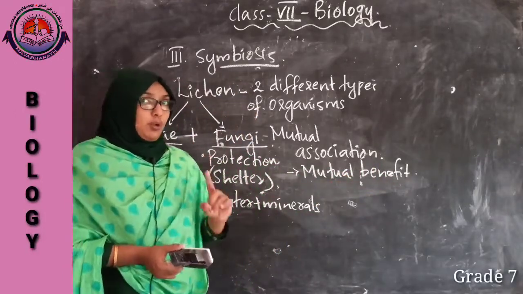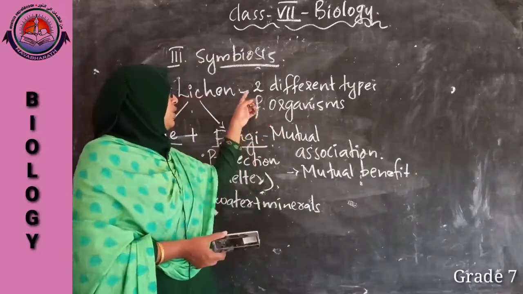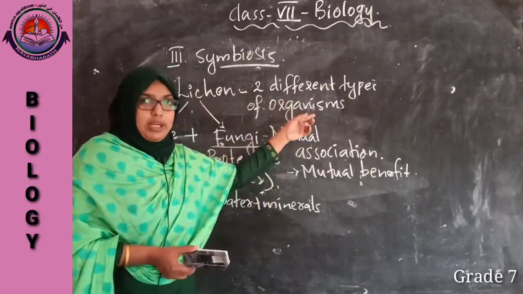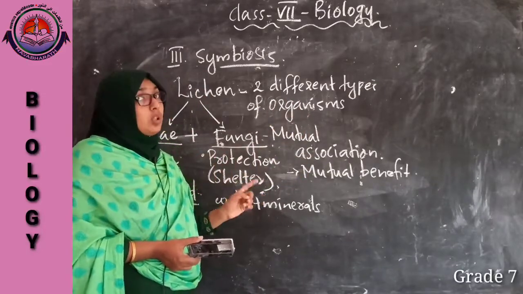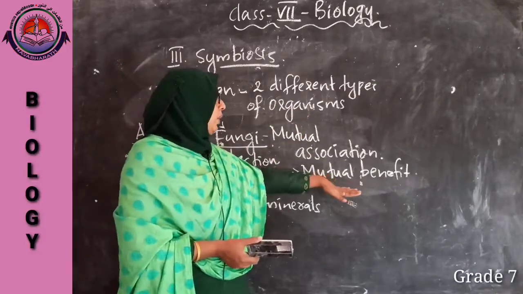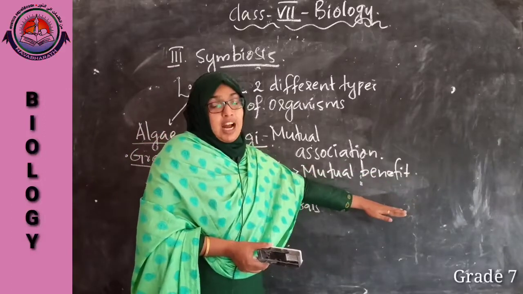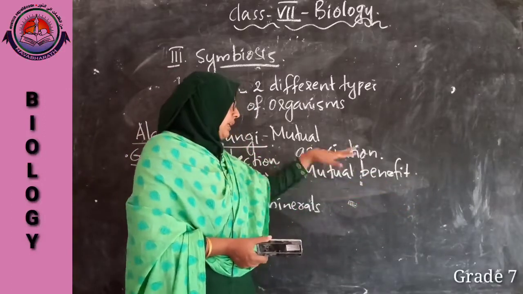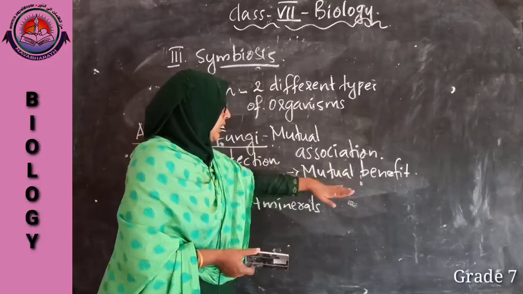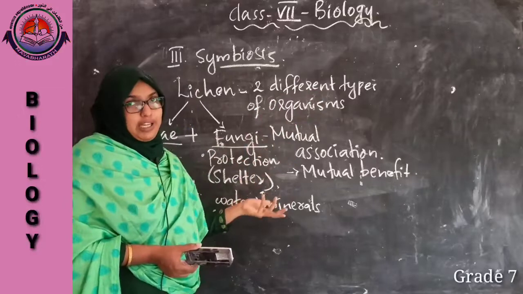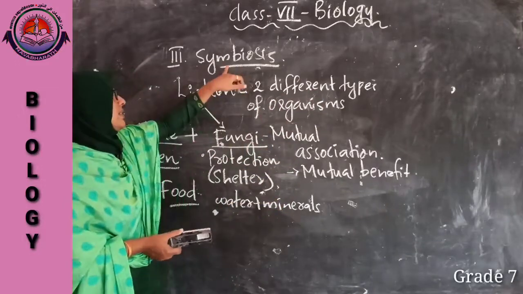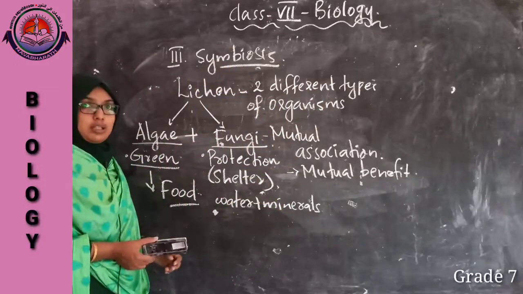Clear? It's a mutual association between two different types of organisms which live together and work together for the mutual benefit. I hope it's clear to you. What is mutual association? What is mutual benefit between two different types of organisms? That coins the term symbiosis.